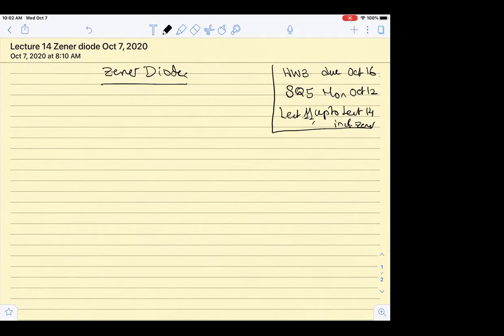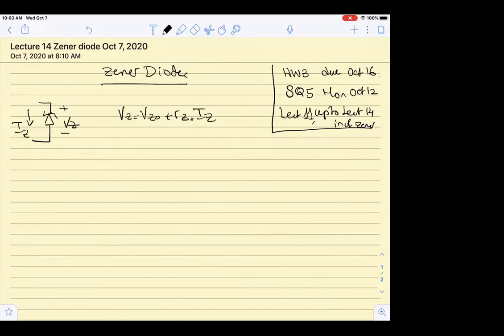So we studied that we have a Zener diode. It has this symbol, with plus minus VZ, and this is IZ. And we said that the model of the Zener diode is that VZ is equal to VZ0 plus RZ times IZ.